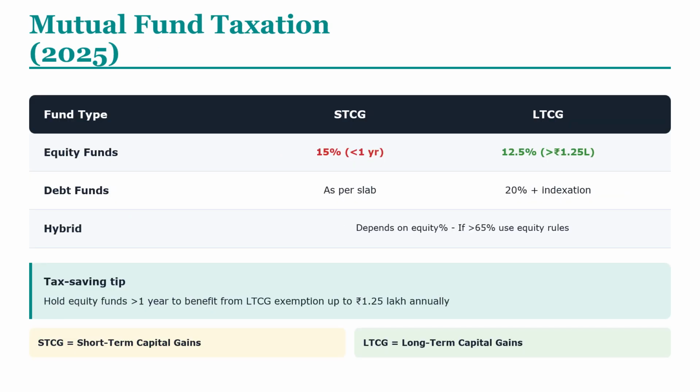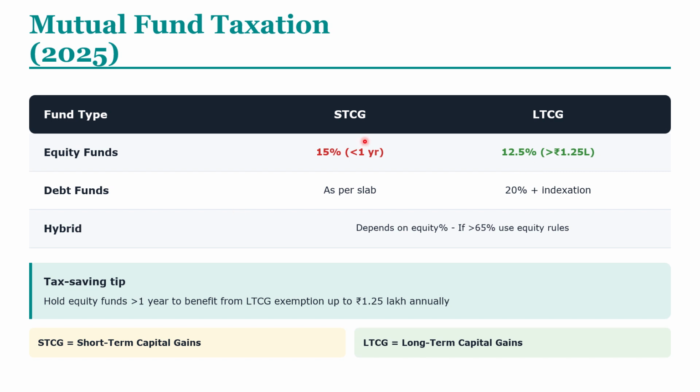Now let's see mutual fund taxation. For equity funds, up to 15% tax will be there. If it is less than 1 year, 15% tax will be there. If it is more than 1 year, on gains above 1.25 lakhs, 12.5% is the tax.